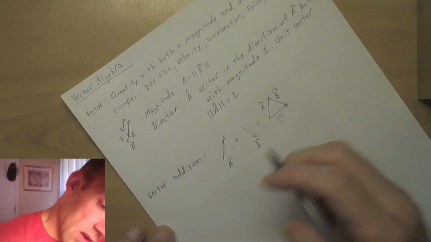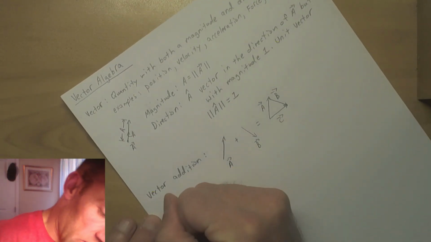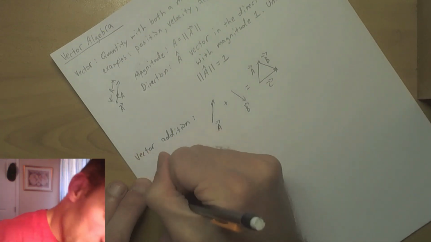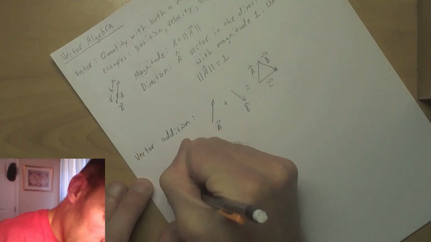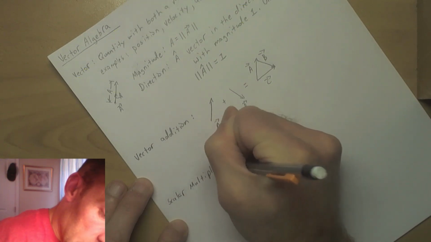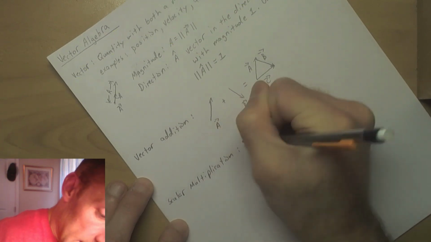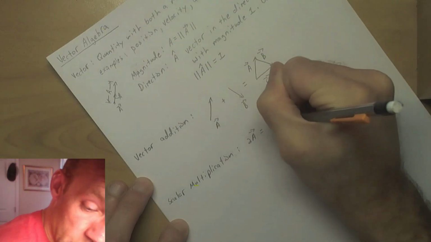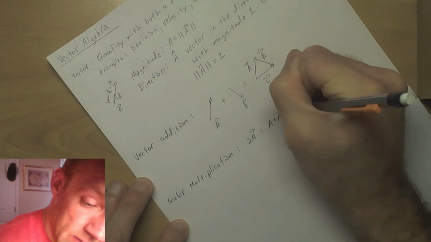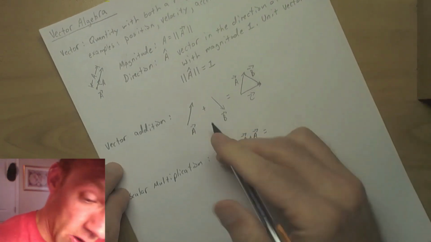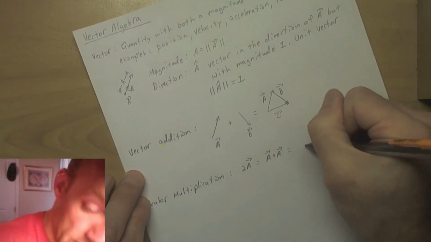Similarly, we can do a thing called scalar multiplication. And a scalar is just a number. So, for instance, 2A is just equal to A plus A, which is just following the same logic.